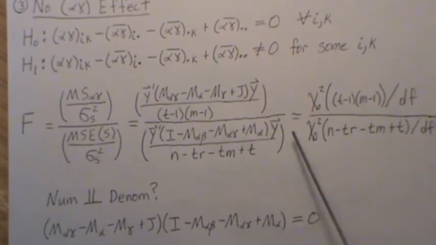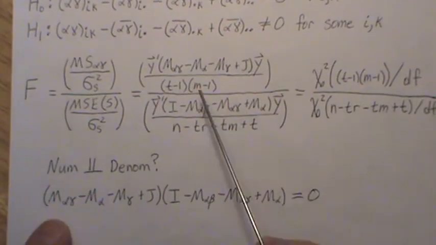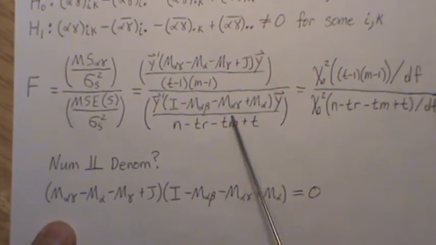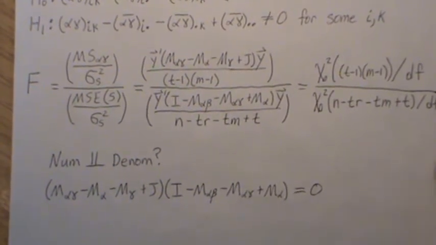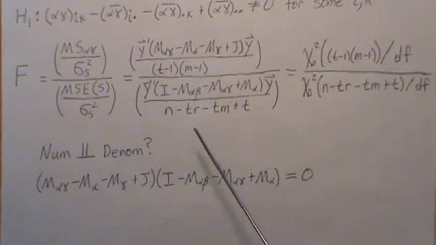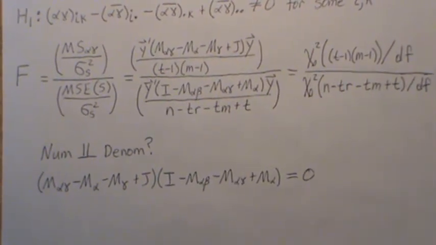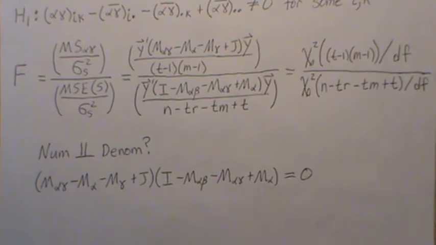Same here. Now, it's an F test only if the numerator and denominator are independent. And if we take the product of these two matrices, we do get 0, so it is independent. And again, all these crazy matrix multiplications will exactly equal what R produces. And we'll do that in the next video, part 10 of 10.